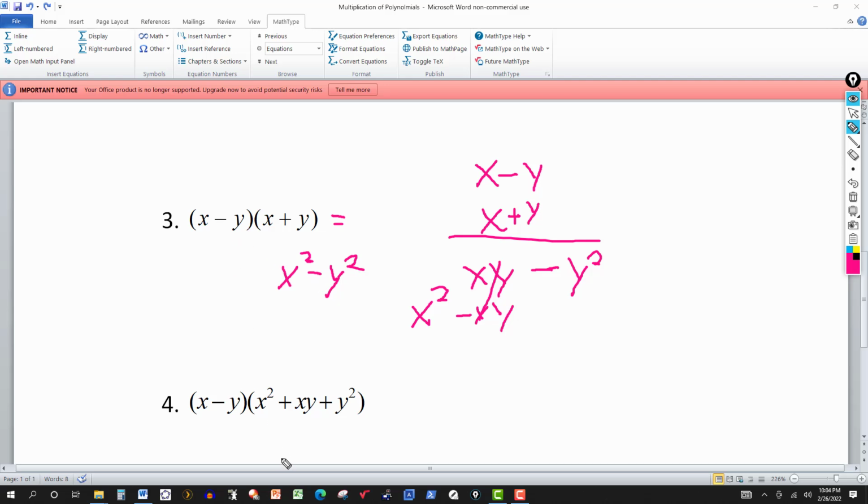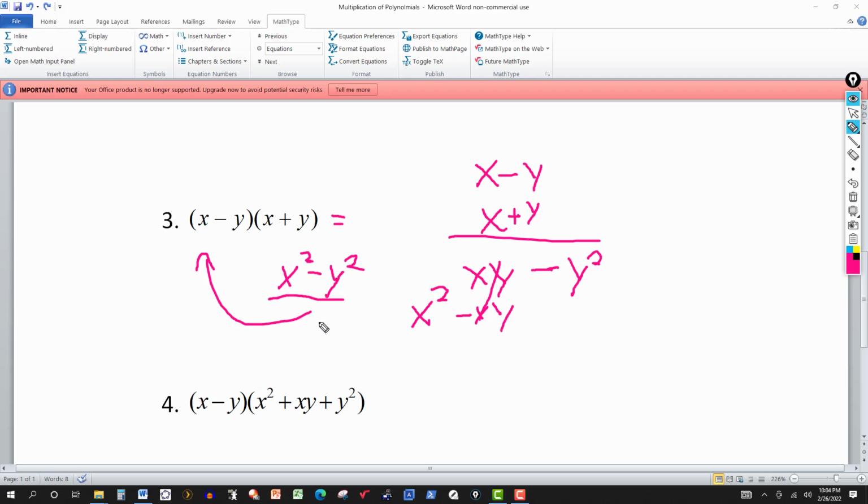Now I put some of these problems, especially the last two, on purpose here because coming up later on for you is factoring. So when I multiplied x minus y times x plus y, I got x squared minus y squared. Suppose it's the other way around, and the instructor tells you take x squared minus y squared and factor it.